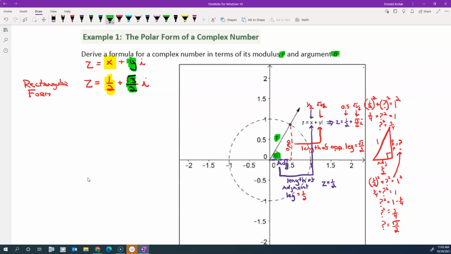All right, now what this part's asking you to do is we want to take this complex number and we want to write it in terms of its modulus and its angle. All right, so what we want to do is take this. Right now this is when something's in rectangular form, guys, this is in terms of x and y.